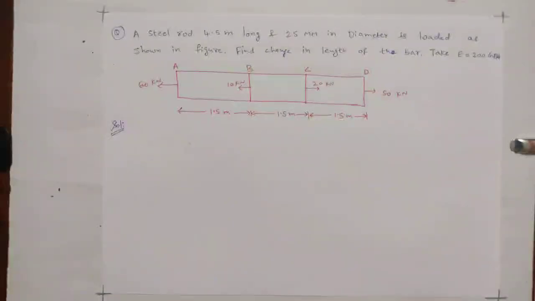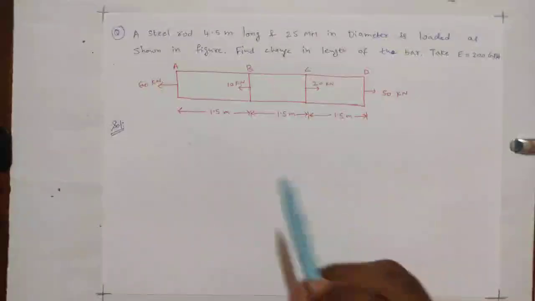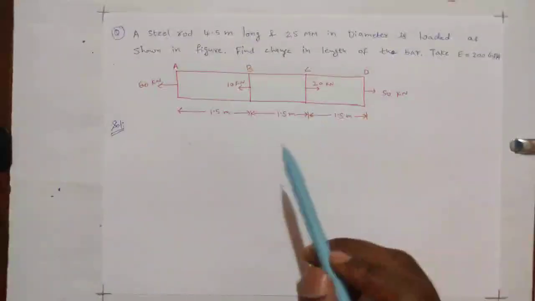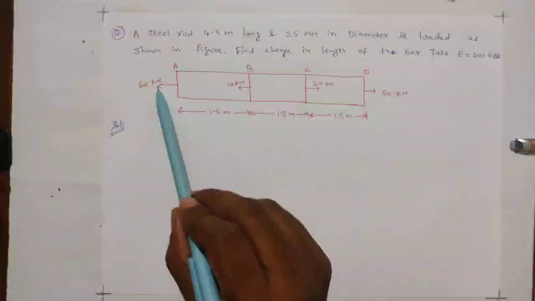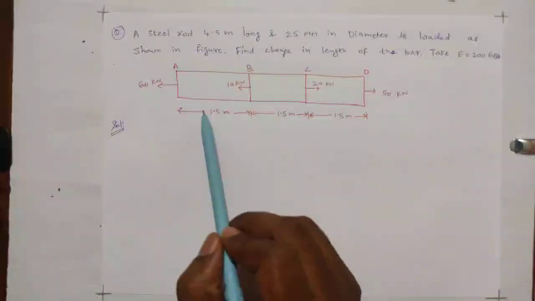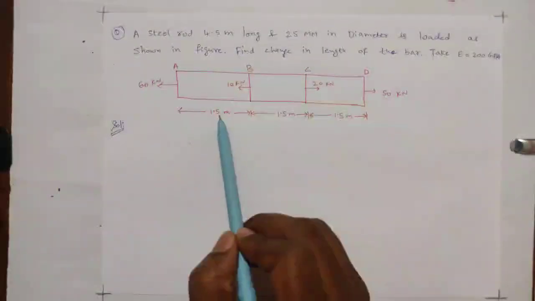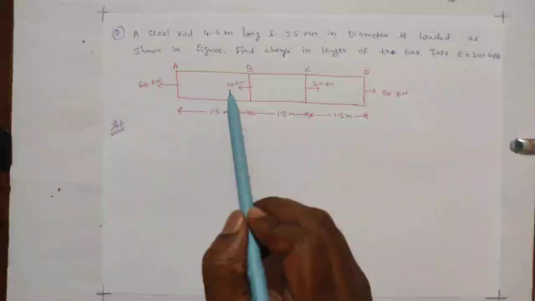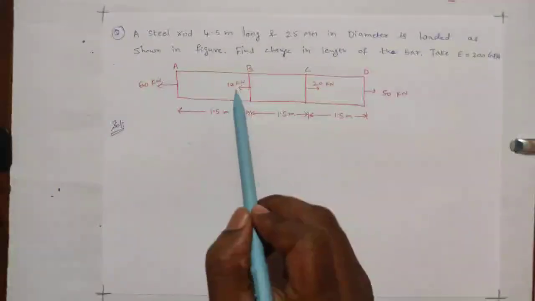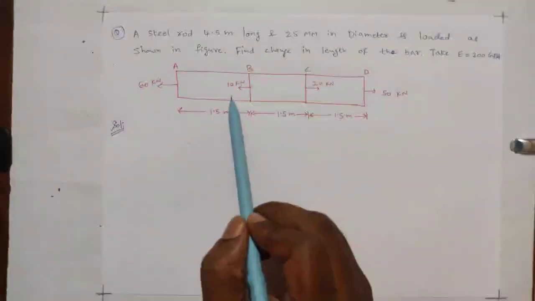Before solving this problem, you should know how to use the units. For example, if the load is given in kilonewton and the length is taken in meter, then what is the unit of stress we will get, in pascal or megapascal, that we need to know.